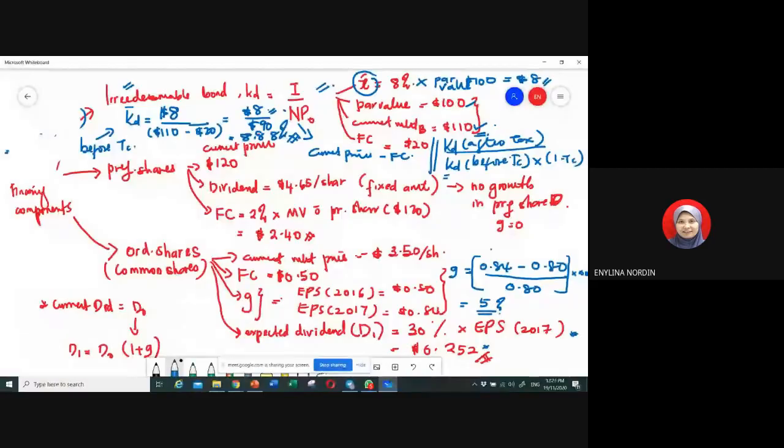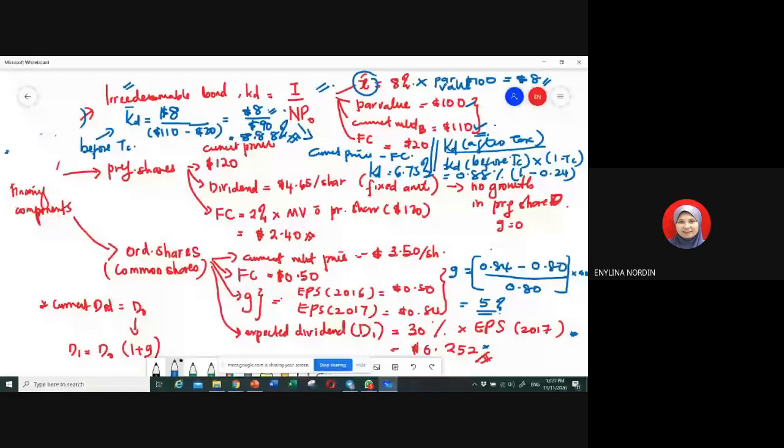That is 0.0888 multiplied by 1 minus, let's say the tax rate in this case is 24%, so 0.24. So you will get the cost of debts after tax equals 6.75%. Or you can do the long way: 8.88% multiplied by 0.24 gives a value, then 8.88% minus the value you got earlier. You also get 6.75. Okay, that is a bit longer.